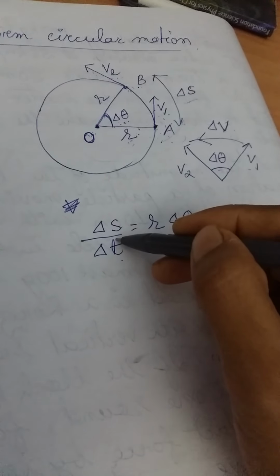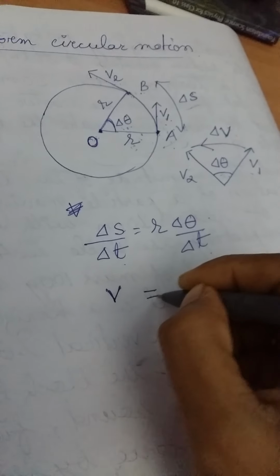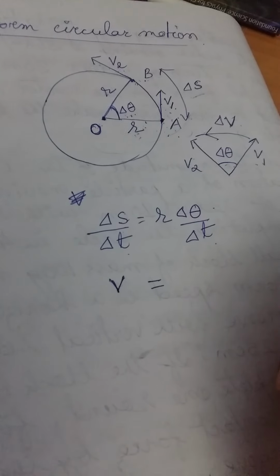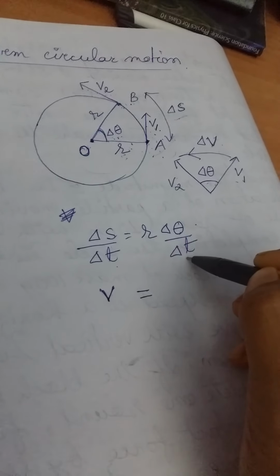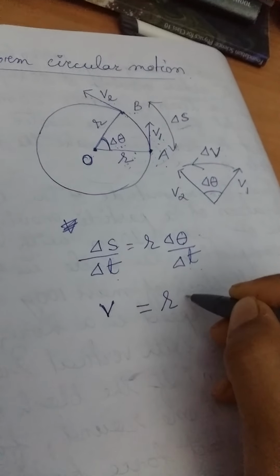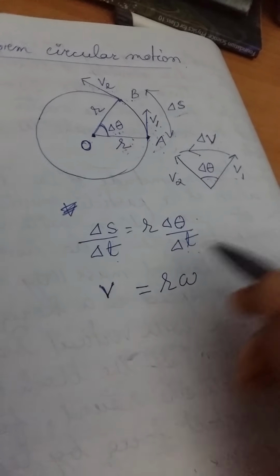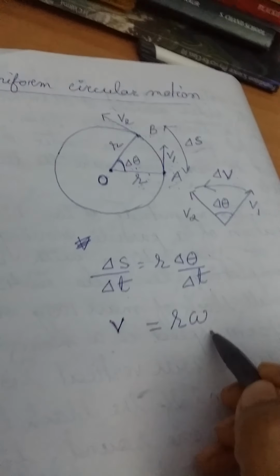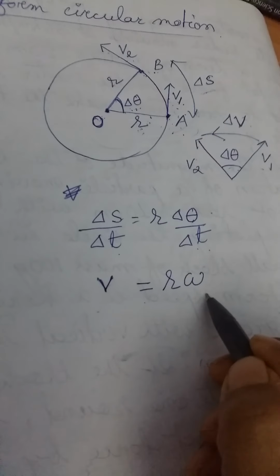The rate of change of displacement gives you the linear velocity, and the rate of change of angular displacement gives you the angular velocity, which is represented by omega. So V equals R omega.